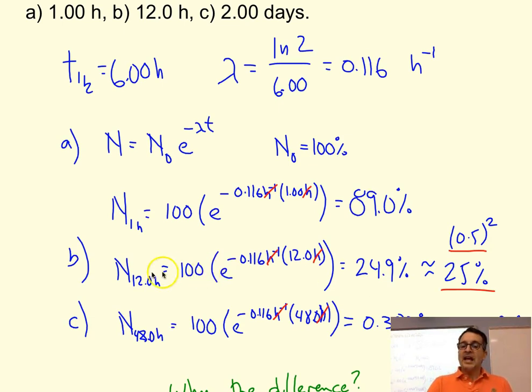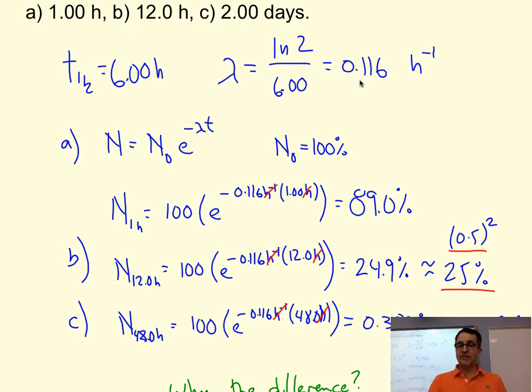If we have 12 hours, that is 2 half-lives. So instantaneously, we should be able to answer: it's 50% after 1 half-life, 25% after 2 half-lives. If you actually do this numerically, you're going to get 24.9. Why? Because the decay constant over here is rounded.